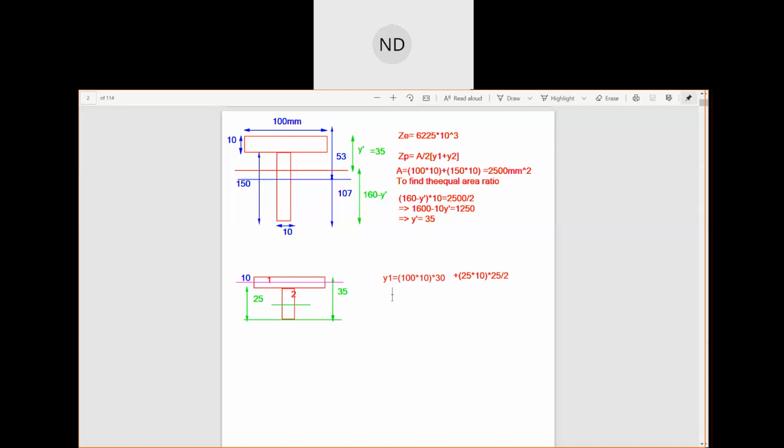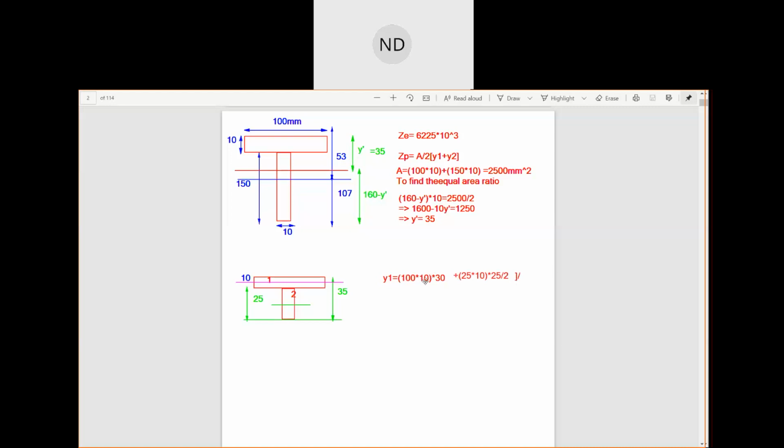Okay, sorry, sir. This y1 was what? A1 y1 plus a2 y2 by a1 plus a2. So this entire thing will be divided by a1 plus a2. I'll write at the bottom.